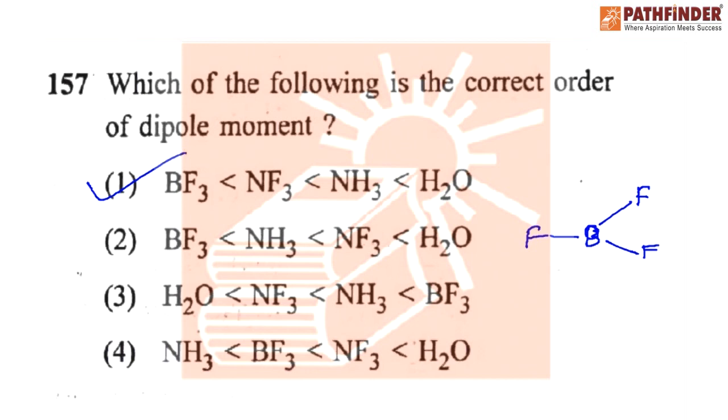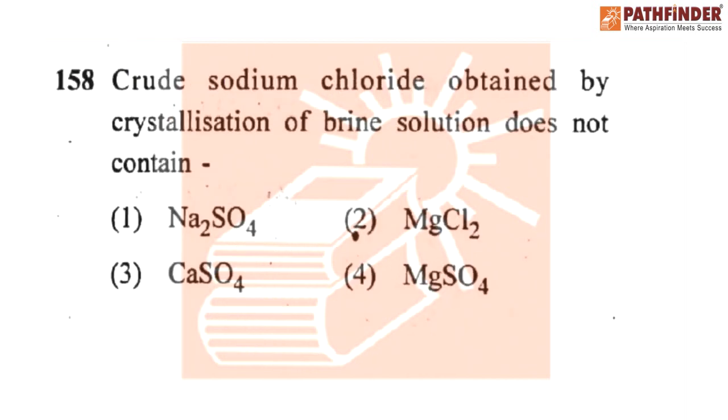Okay, let's move on to the next question, 158. Crude sodium chloride obtained by crystallization of brine solution does not contain. Here also it is a direct question from NCERT. It is written in NCERT, just this direct line, and over there it is written what it contains.